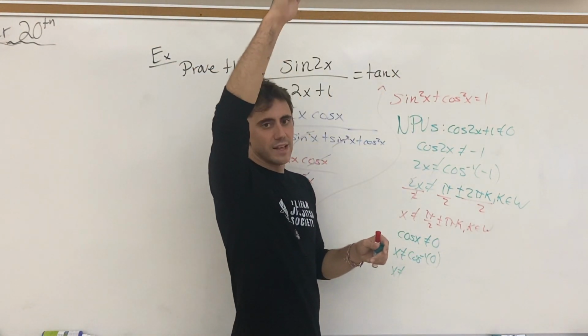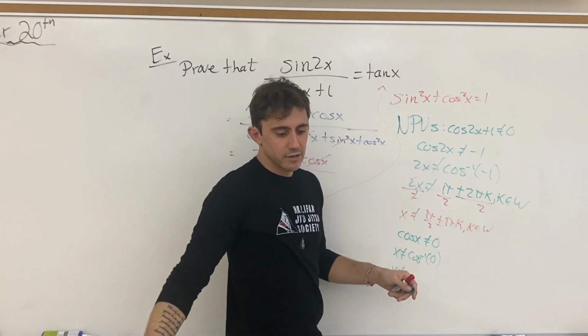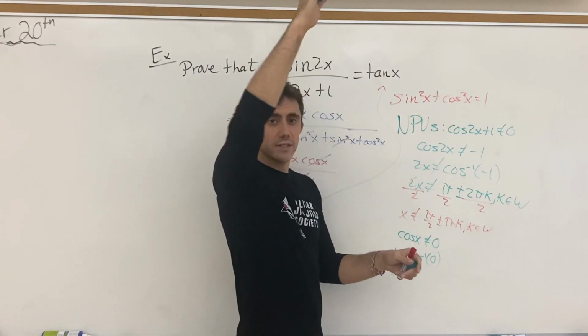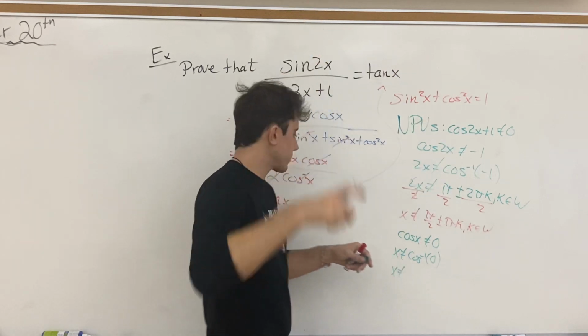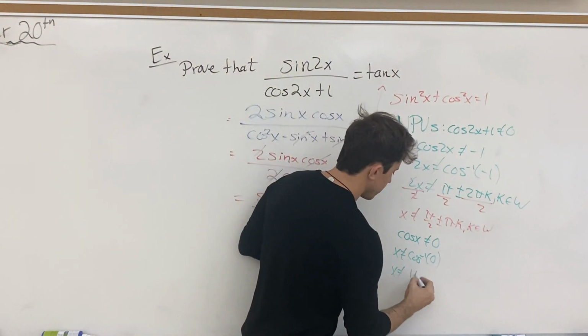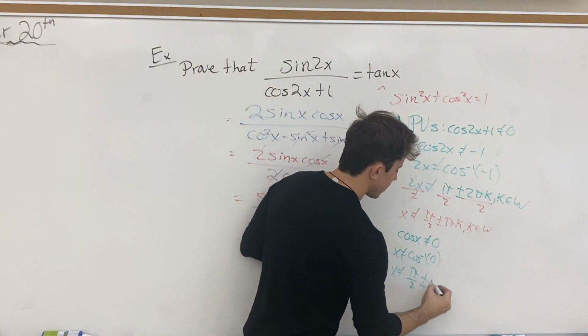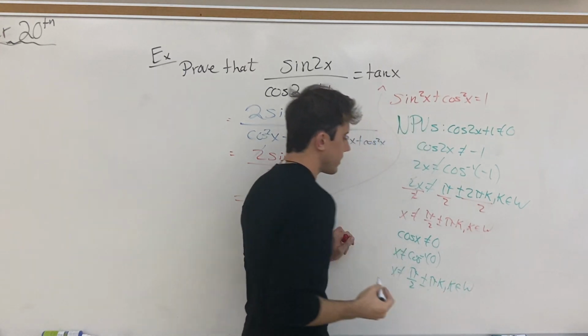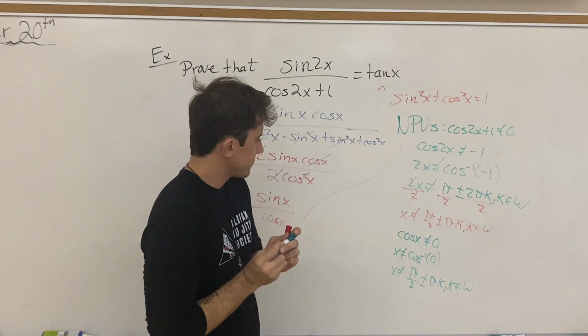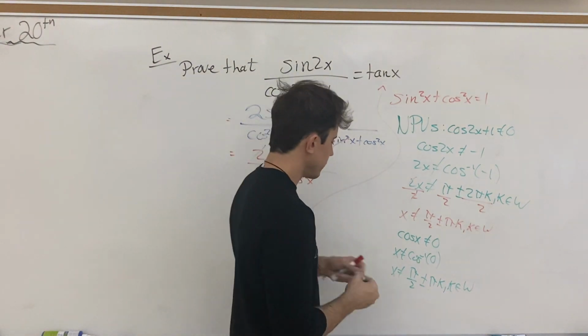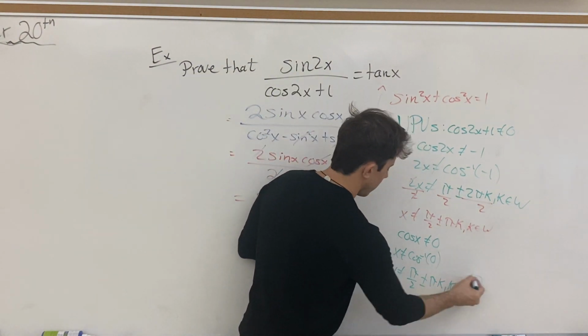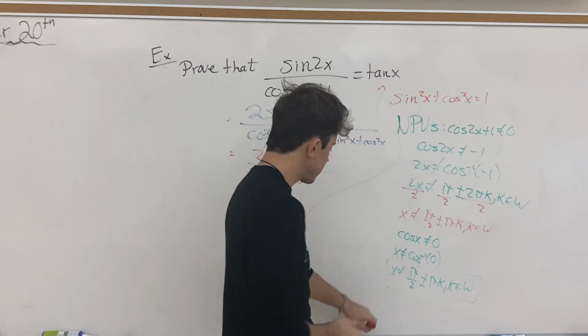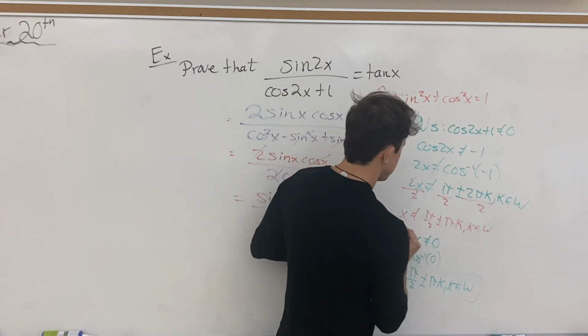So pi over 2 plus or minus any integer multiple of pi revolutions, every half revolution around the circle. And so that'll be pi over 2 plus or minus pi k, again, k being any element of the set of whole numbers.